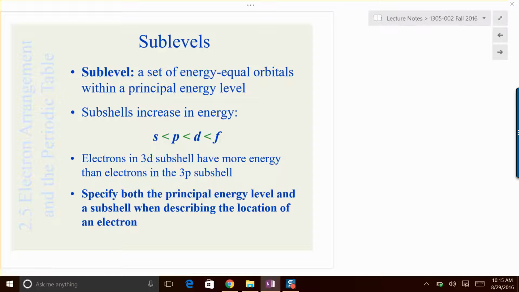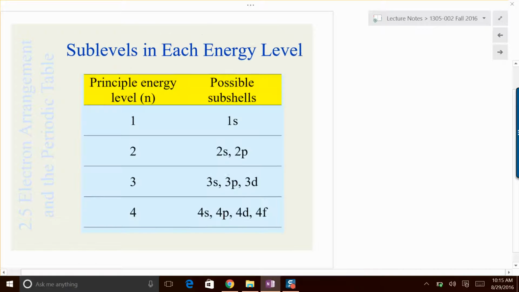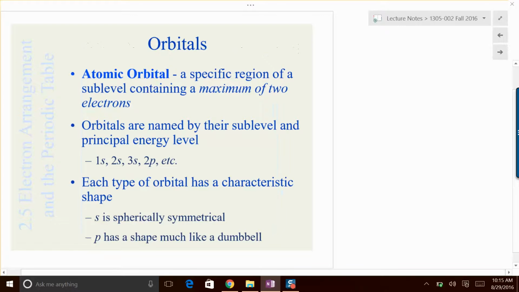And so they're following that same idea. They're going to fill according to where the least amount of energy is. The 4S is lower in energy than the 3D. And so they will fill there first. Okay, S, SP, SPD, SPDF. Okay, 1, 2, 3, 4.